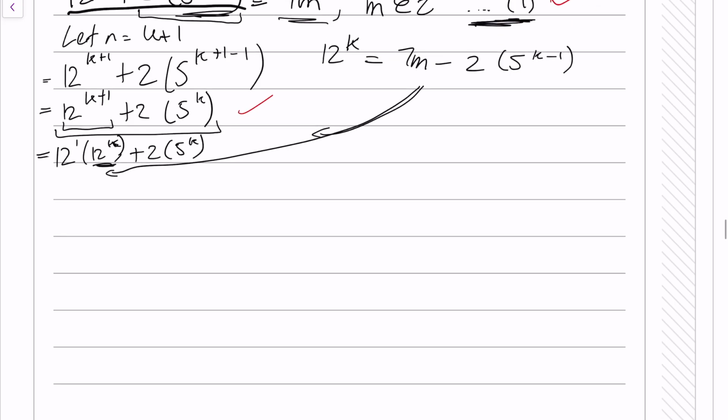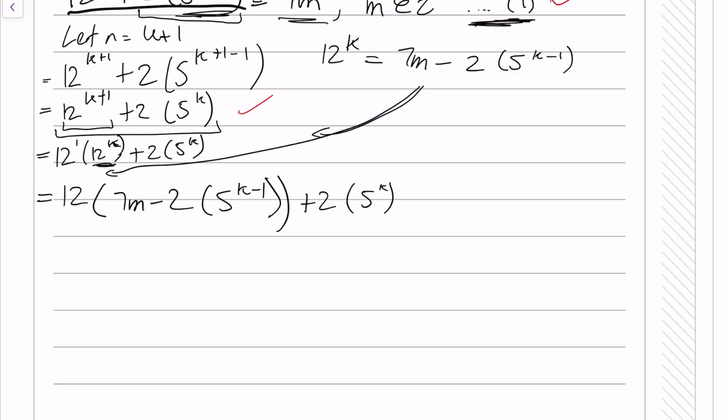Okay, so I would put 12 to the power of 1, which is just 12, times 7m minus 2 times 5 to the k minus 1, plus 2 to the 5 to the k.